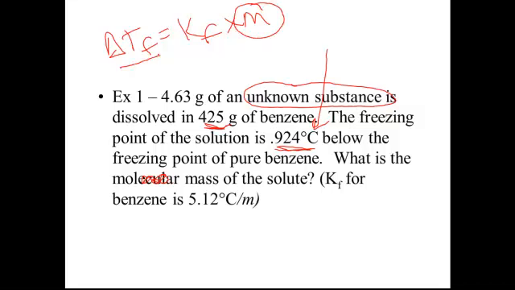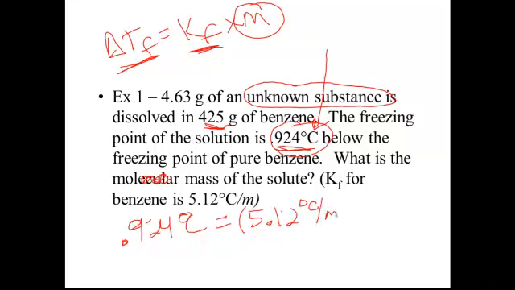The change in the freezing point is 0.924, so 0.924 degrees Celsius equals the freezing point constant, 5.12 degrees Celsius, times our unknown, little m.